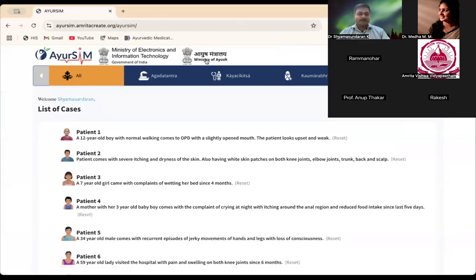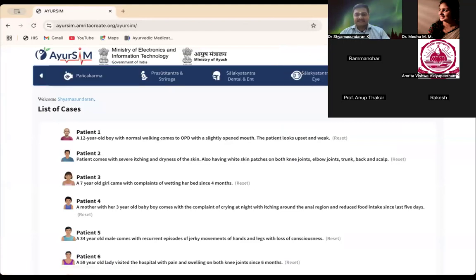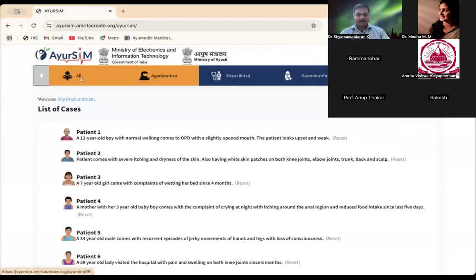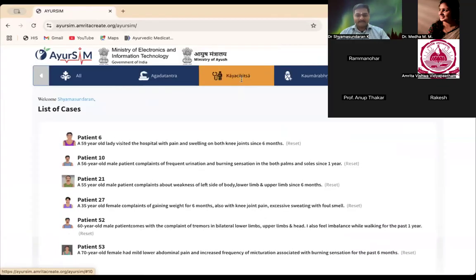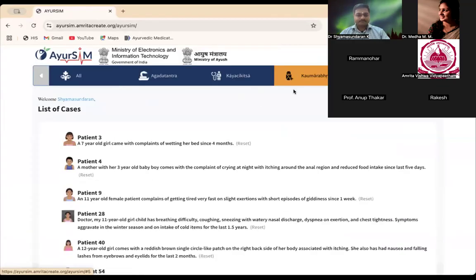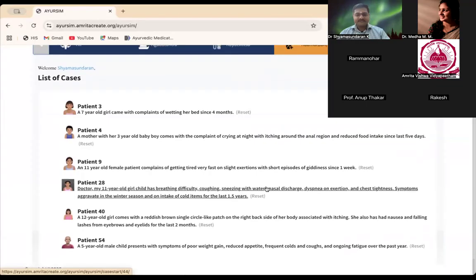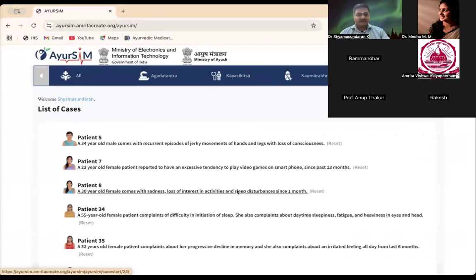This is the home page of the AyurSIM portal, wherein you can see the different tabs. These different tabs represent the 9 specialities in Ayurveda, and each of them has 6 clinical cases under it.